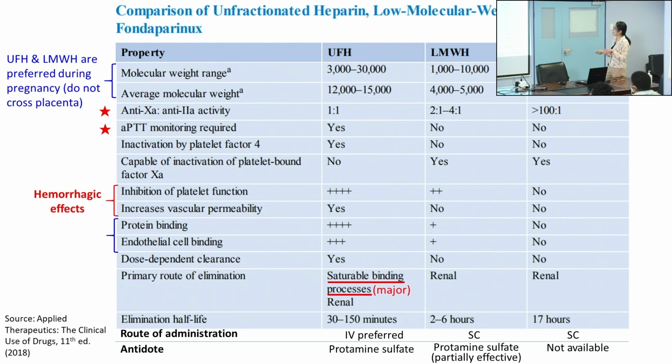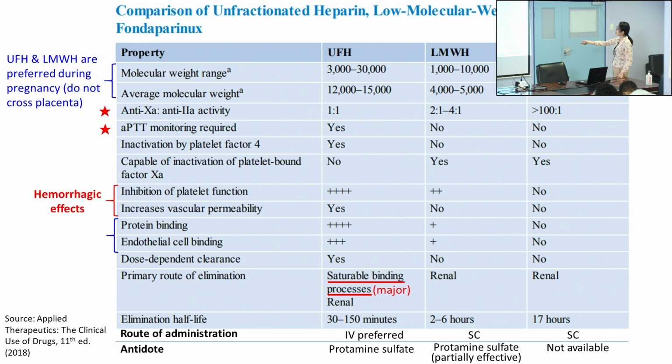Okay, and then let's see the side effects. Like what we have seen, heparin is a long molecular chain, right? And it carries a lot of negative charge. So heparin can bind to many things in the blood circulation. It may bind to many proteins or even albumins, and also binds to the endothelial cells of the vessels.